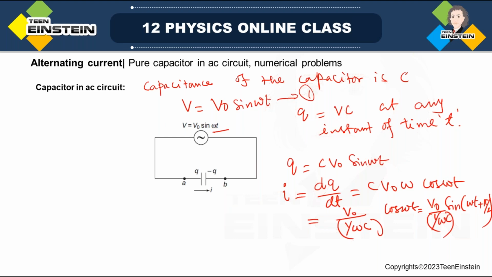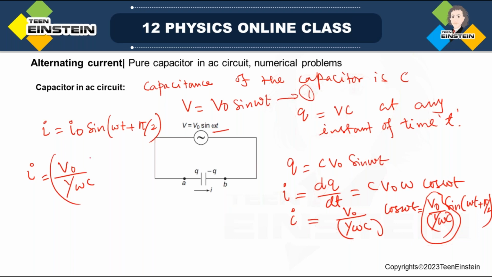So in this case, this is I. If I write this particular term as I0, the magnitude of the current in the circuit, and see what is this I0? I0 is V0 by 1 over omega c.